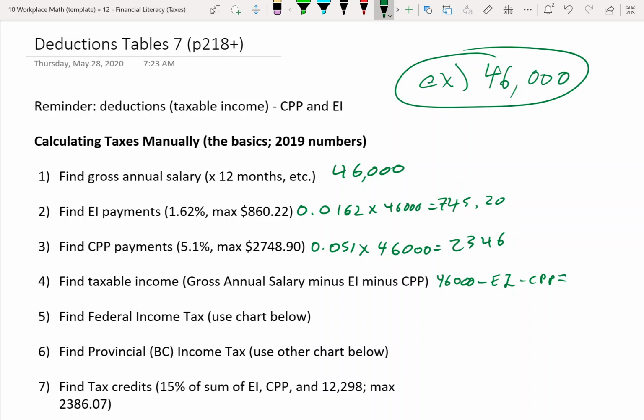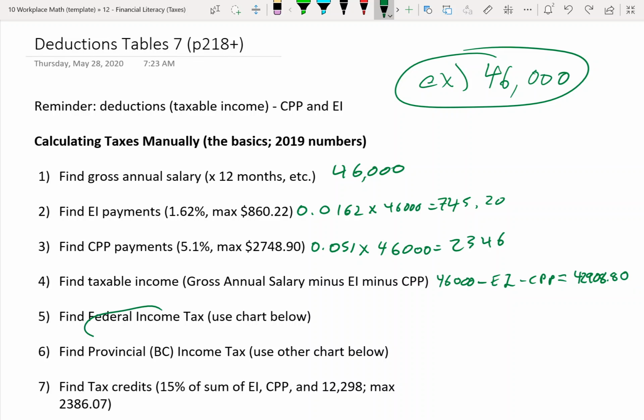When I do that, I'm going to get 46,000 minus 745.2 minus 2346. Okay, that gave me 42,908.80. Okay, so that's how much money we are going to have to pay taxes on.